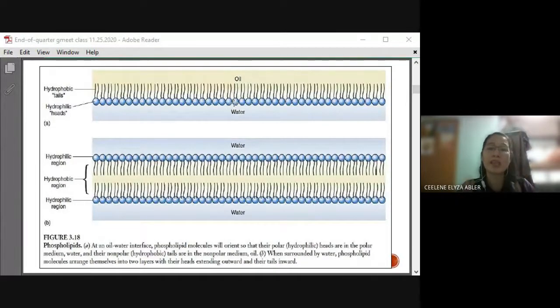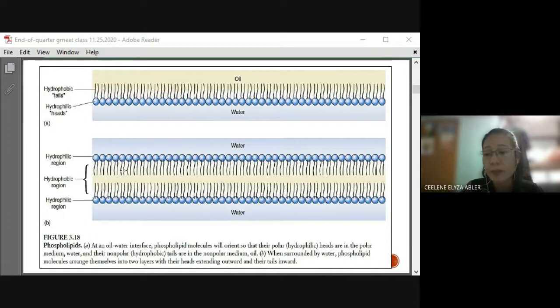So what if it's a bilayer, just like your plasma membrane? If it is just like your plasma membrane, notice that there are two layers. You have this layer facing here, and another layer here below, and you have this hydrophobic region.